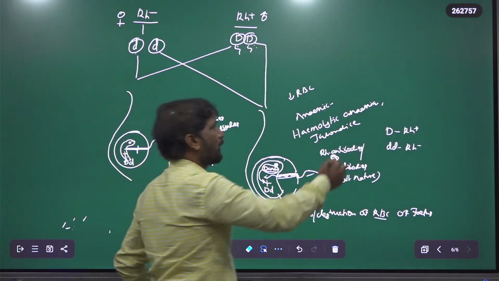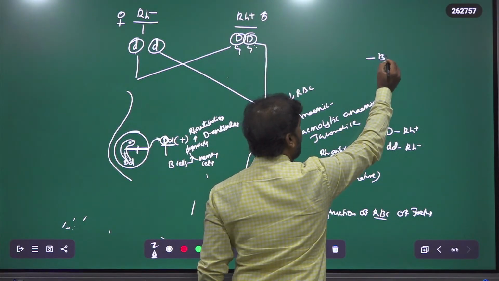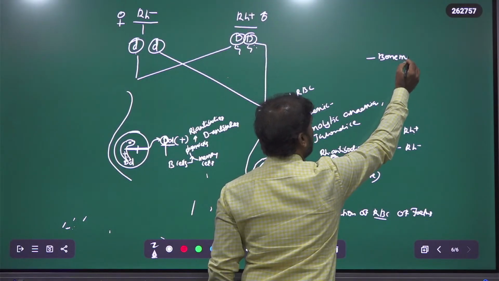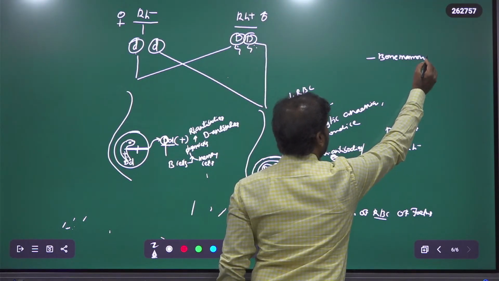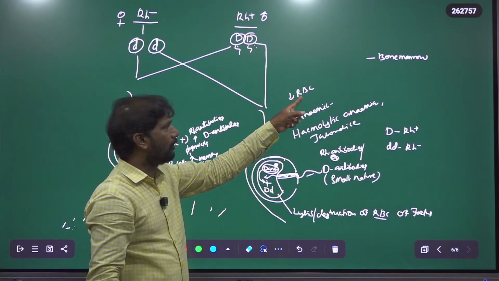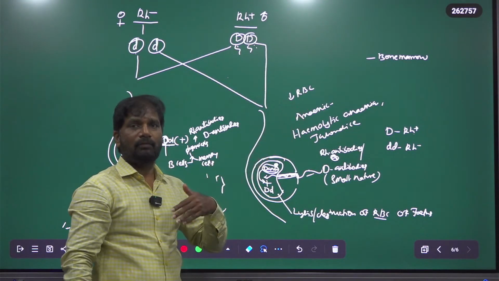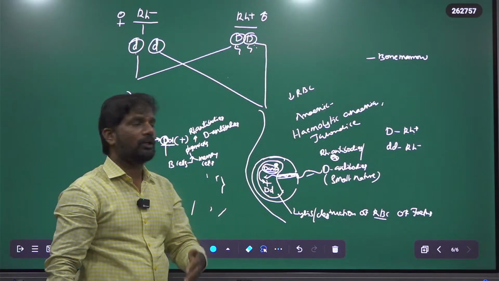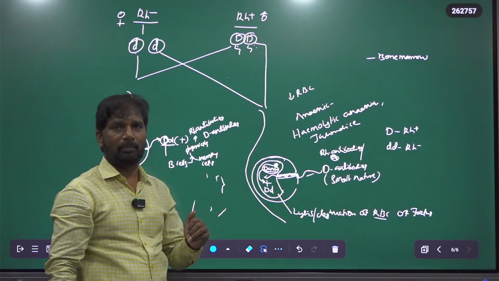So at this time, our bone marrow, by this disease, the number of RBCs is decreased, but our body tries to overcome this hemolytic anemia condition.